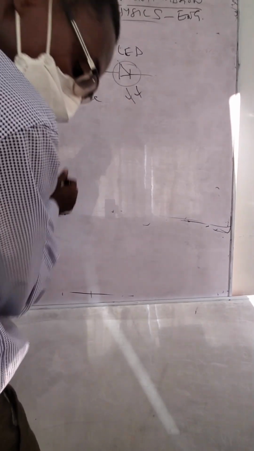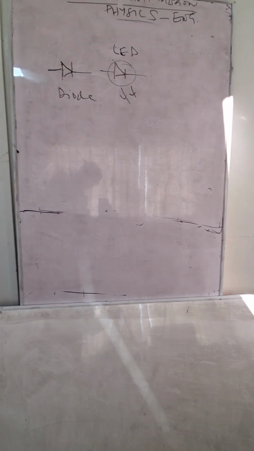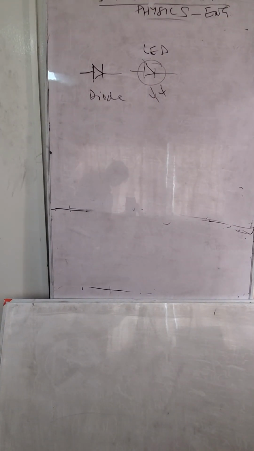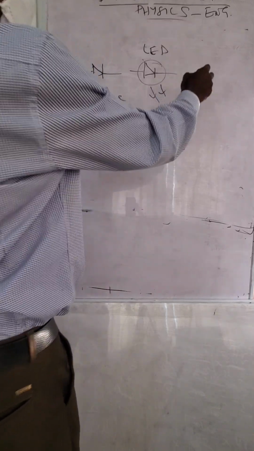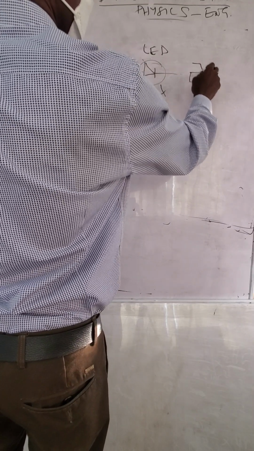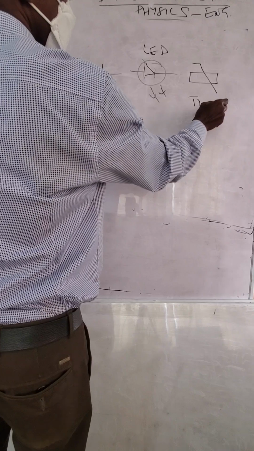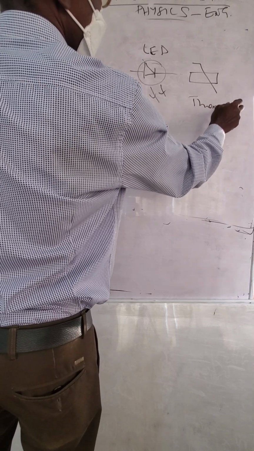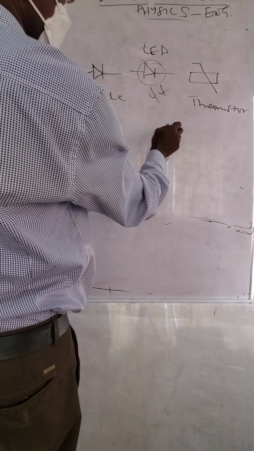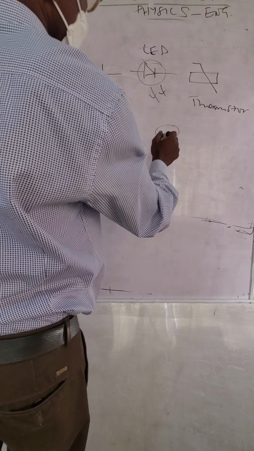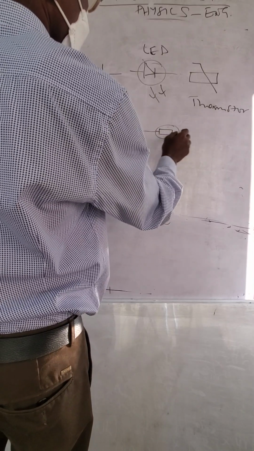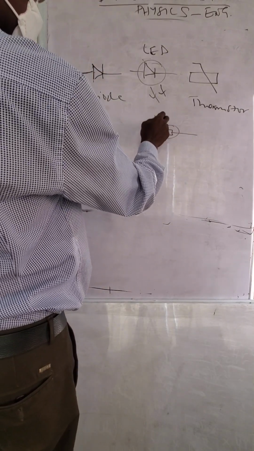The other one I want to talk about is this one. So this is a thermistor. Then we can have the other one, the same thing, just instead of having a resistor in here, this is light dependent.